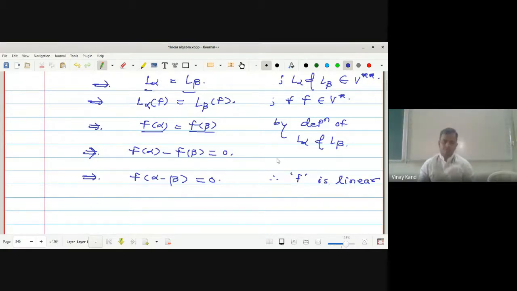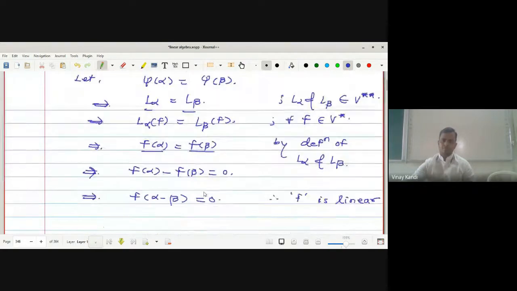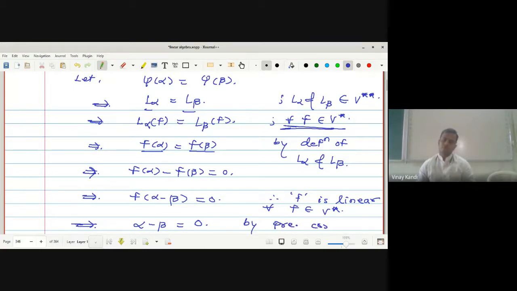If f of alpha minus beta is equal to 0 for all f belongs to V star, this condition holds. So this implies alpha minus beta must be the zero vector, by the previous corollary.